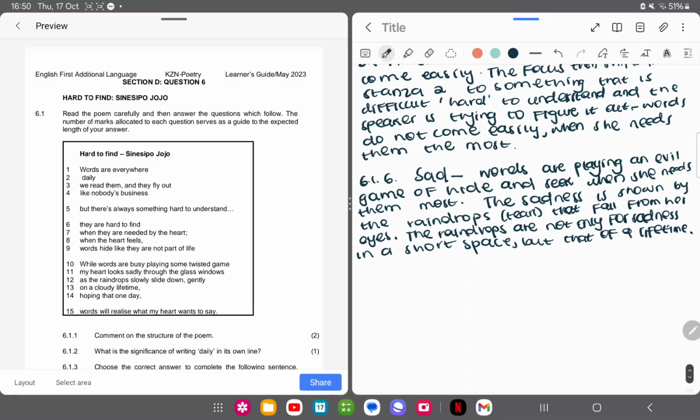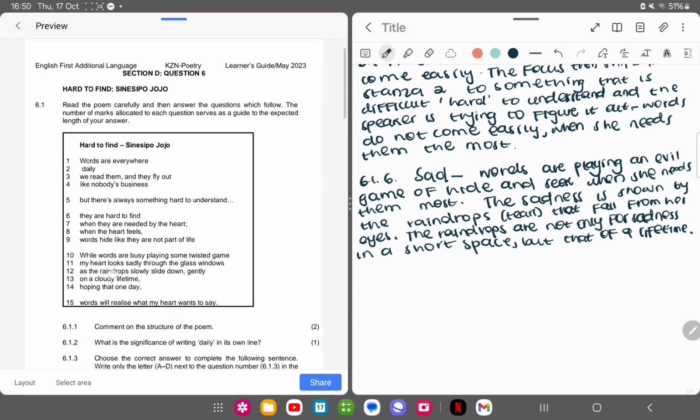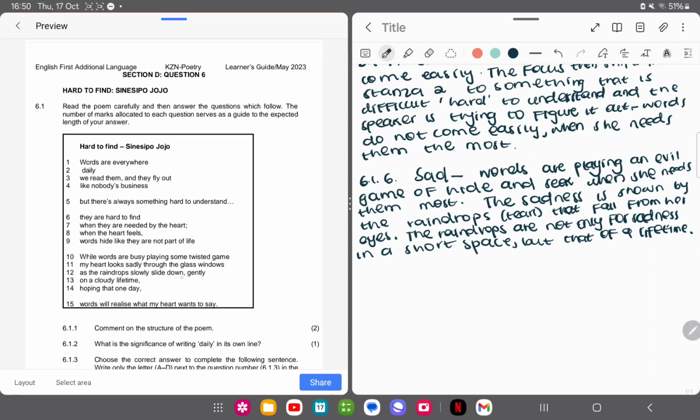Since it says that while words are busy playing a twisted game, my heart looks sadly through the glass windows as the raindrops, meaning tears, slowly slide down gently on a cloudy lifetime, hoping that one day. So the raindrops represent the tears that fall from her eyes. These glass windows only mean eyes. The eyes shed tears on a cloudy lifetime, meaning on a sad lifetime, right?